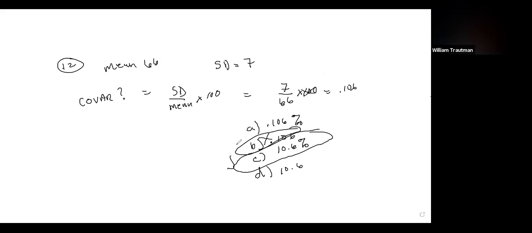So the correct answer is C. They try to trick you by giving you 4 or 5 answers that look similar. So just be careful about that. Have those formulas handy. It's really going to help out, I think.